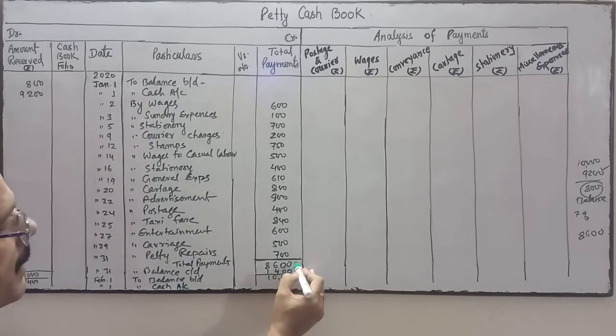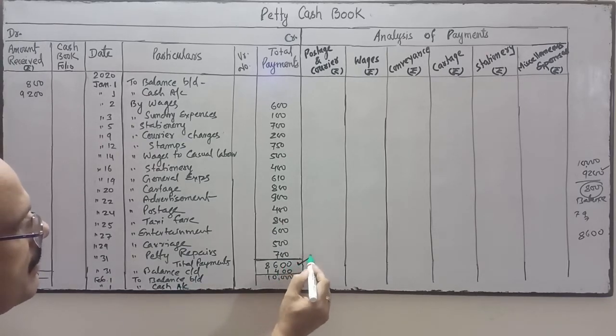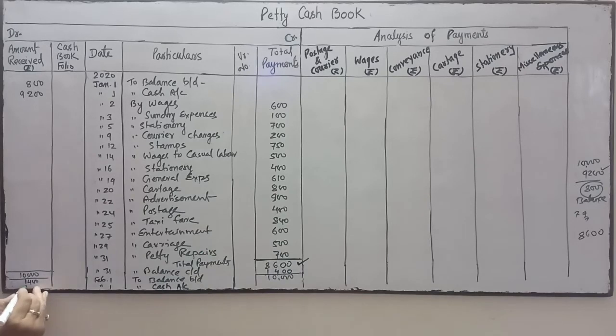Whatever amount the petty cashier spent, this much he will take from the head cashier, so that the imprest amount will again be 10,000.